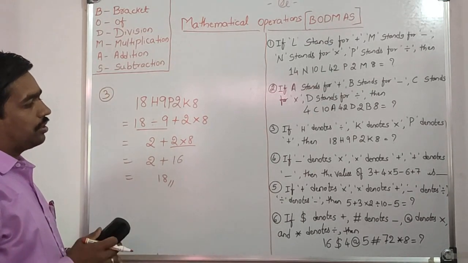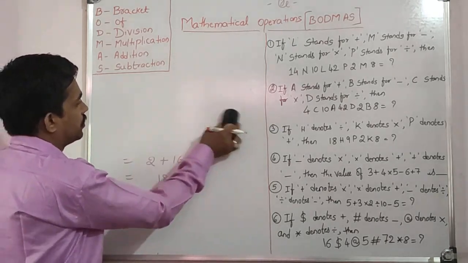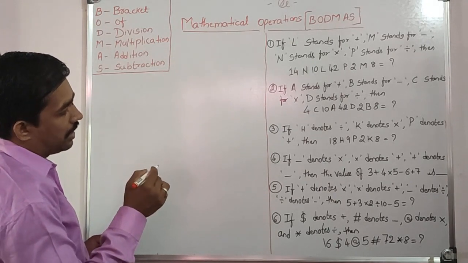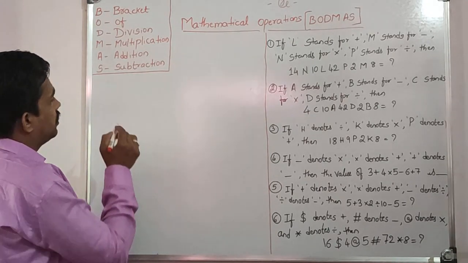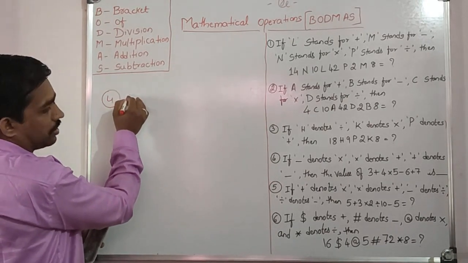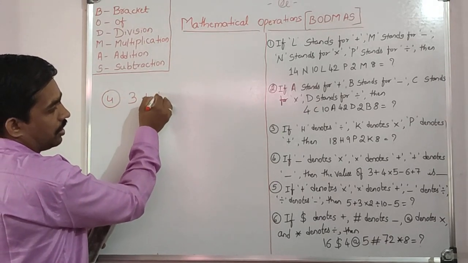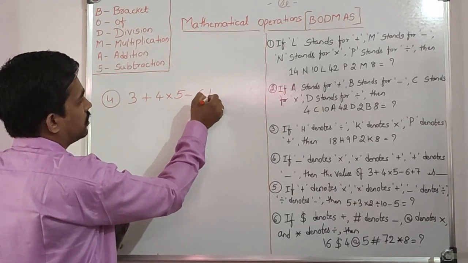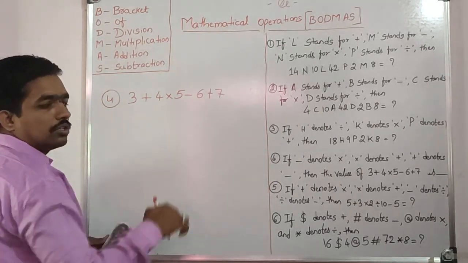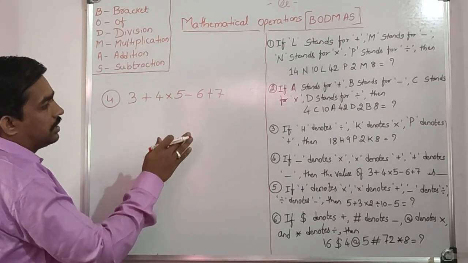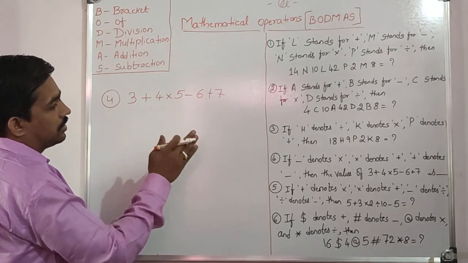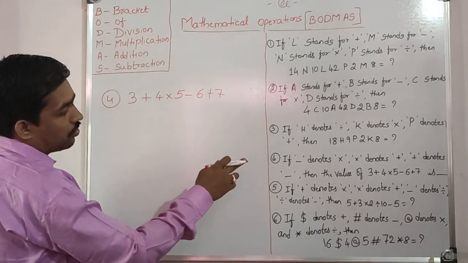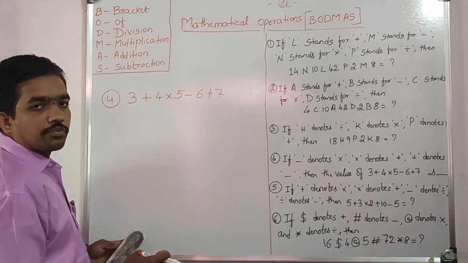Moving to the fourth question. If minus denotes into, see here, fourth question: 3 plus 4 into 5 minus 6 plus 7. This is a little bit changed from the first three questions. Here we have to change sign into sign.